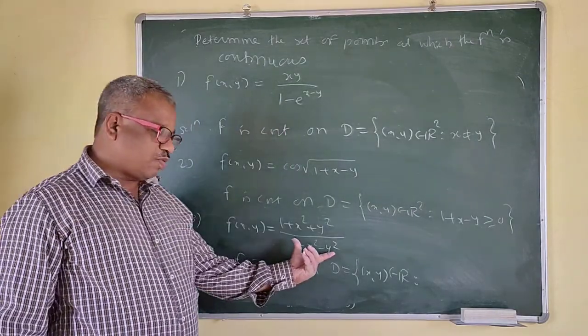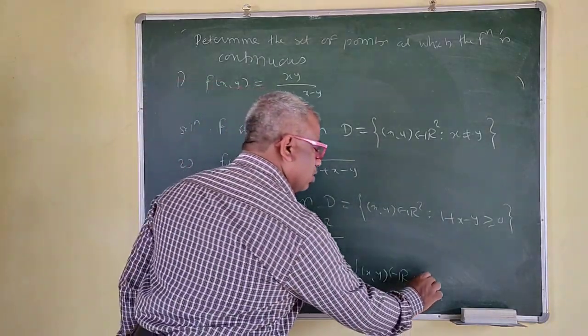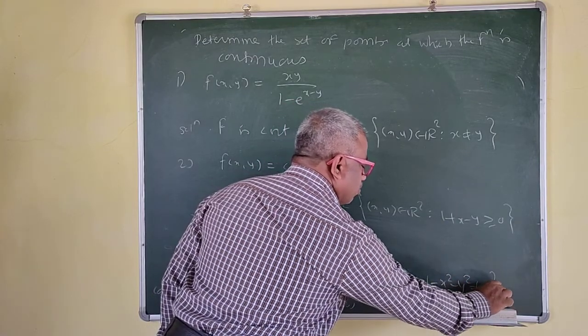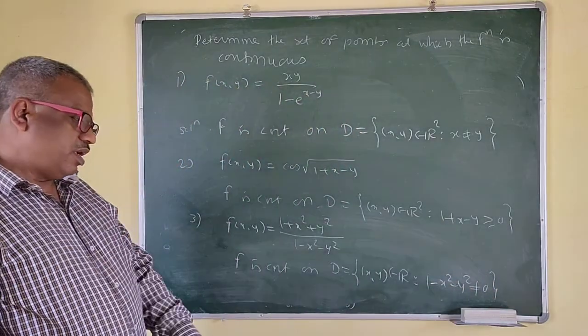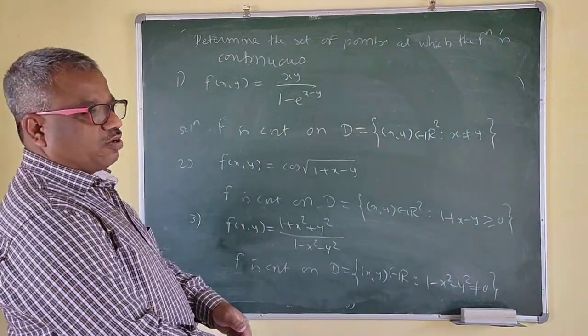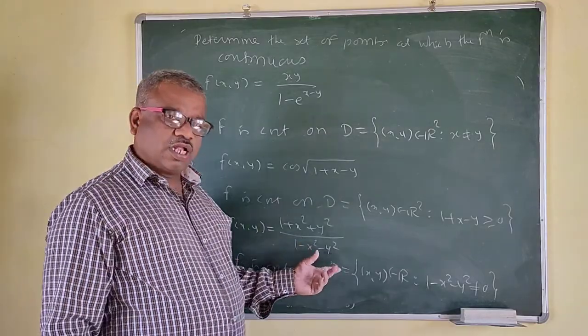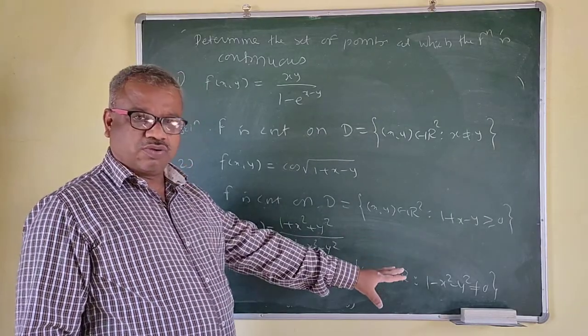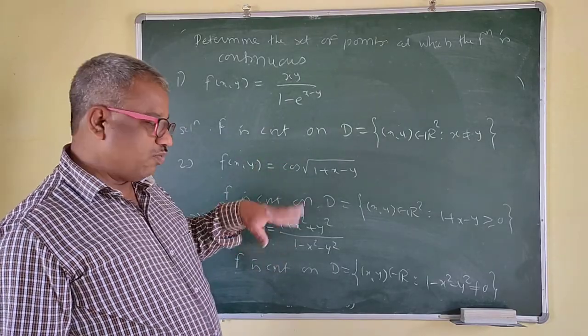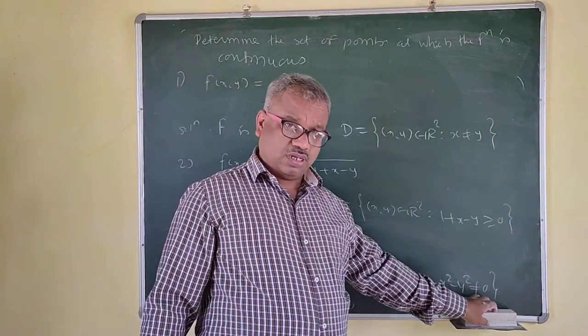Now what is here? Denominator not equal to 0. Just we write here 1 − x² − y² not equal to 0. That means x² + y² not equal to 1. Whenever x² + y² is equal to 1, then your denominator is 0. That means you have to delete the boundary of the circle, the standard unit circle.